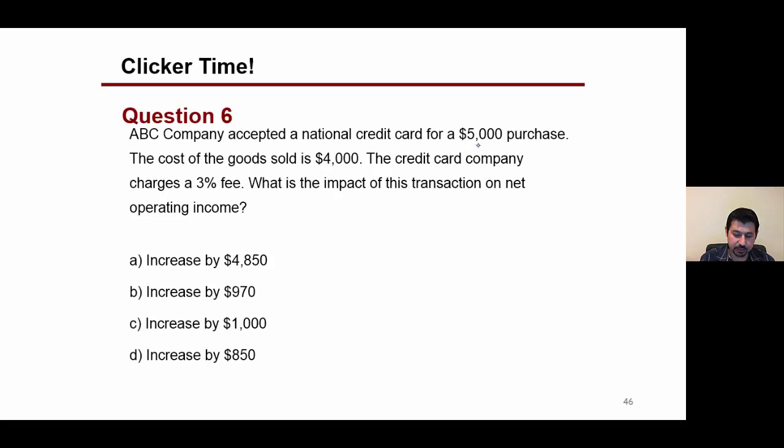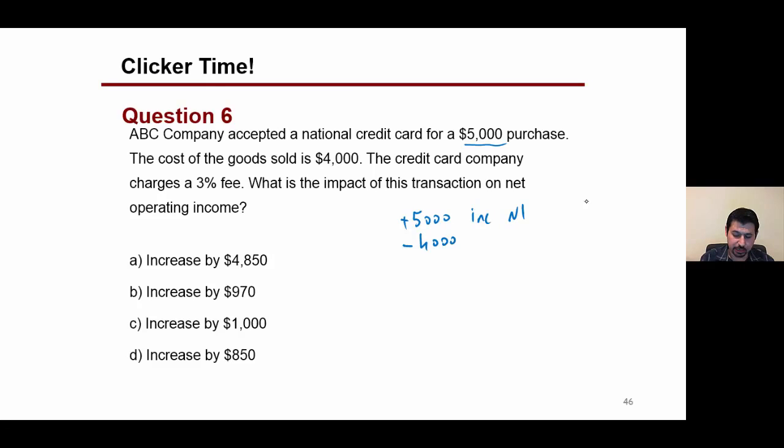So this will be sales revenue. The 5,000 will increase net income, so there will be plus 5,000. The cost of goods sold will decrease net income by 4,000. And then there is also the expense that the credit card issuer will charge the company, which is 3%.